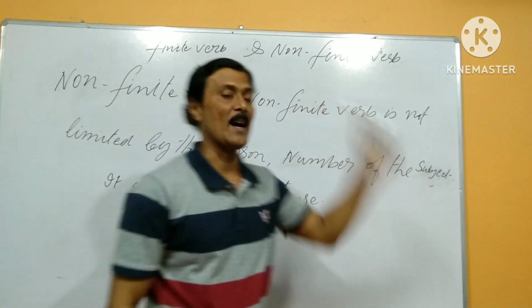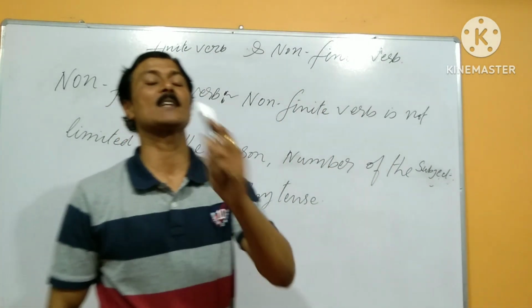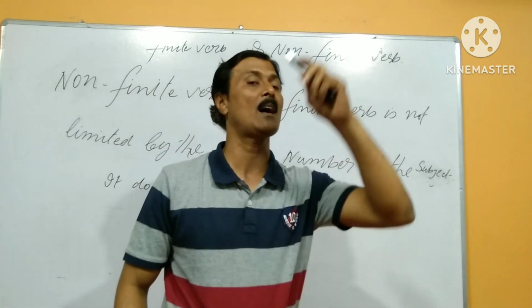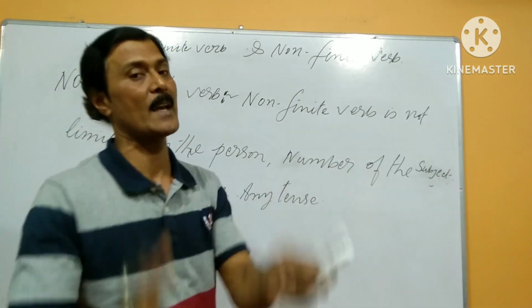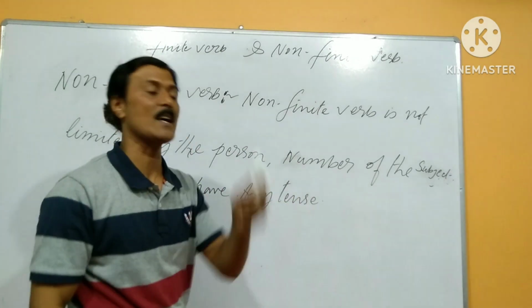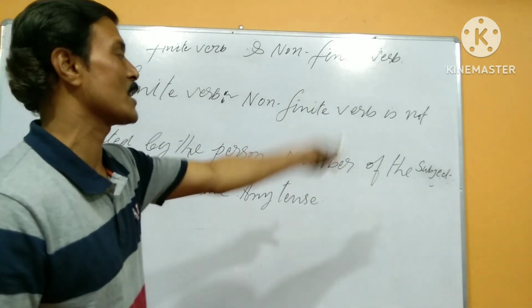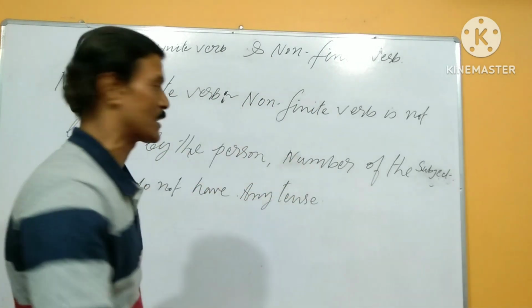Okay, a finite verb is limited by the person and number. Okay, it is used with a tense, and it changes as the tense changes.